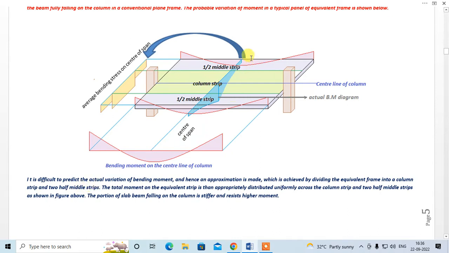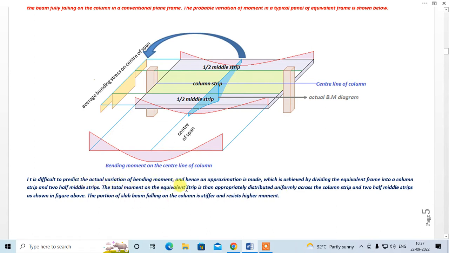So that is why, to avoid this complication, the code has divided the slab beam member into three parts. That is, one is the column strip, and you have two half middle strips, right?